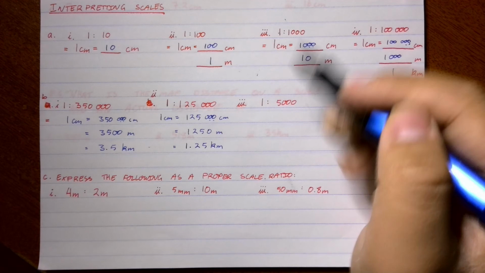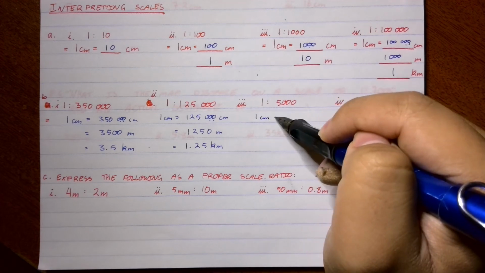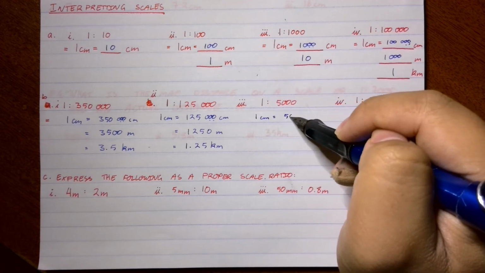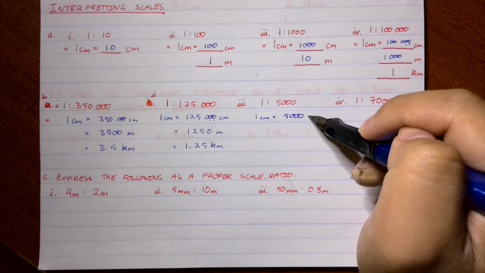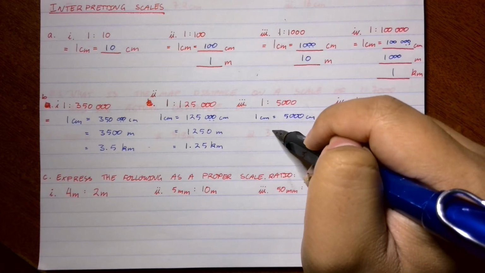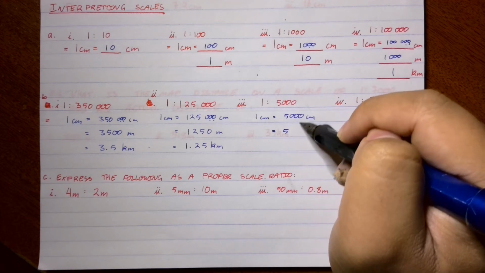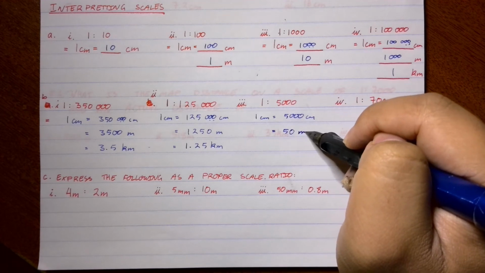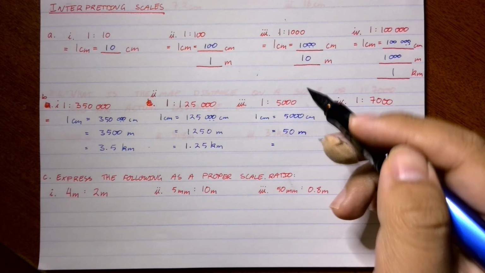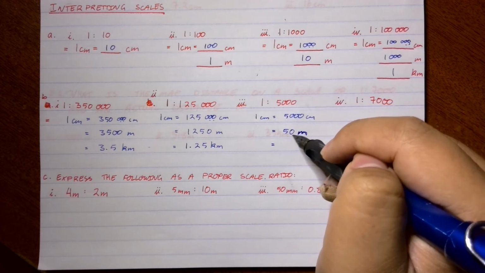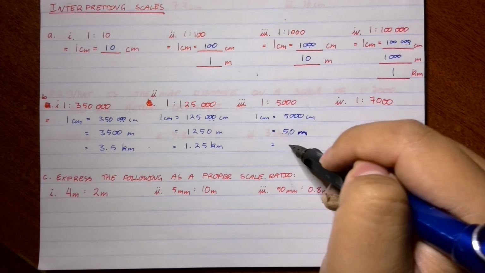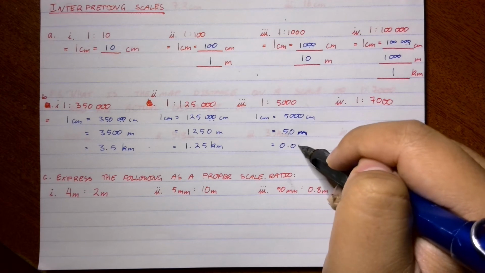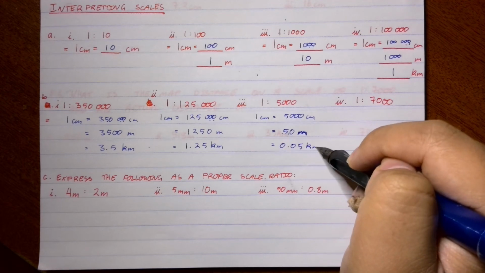Let's keep going on here. This one, 1 centimeter is equal to 5,000 centimeters, which equals 50 meters. And we can express this as a kilometer, but it'd be really small. So it's 1, 2, 3. This would be 0.05 kilometers.